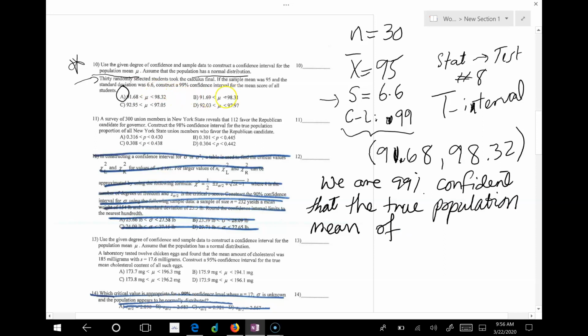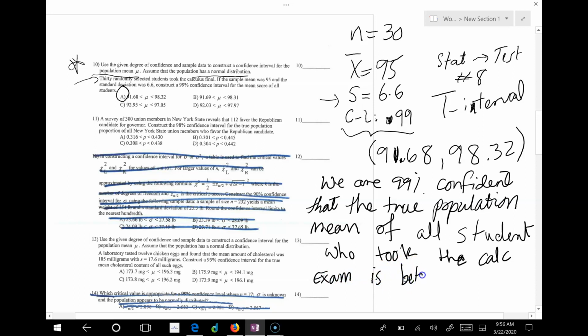So of all students who took the calc exam is between 91.68, it's better to write it with word, to 98.32.